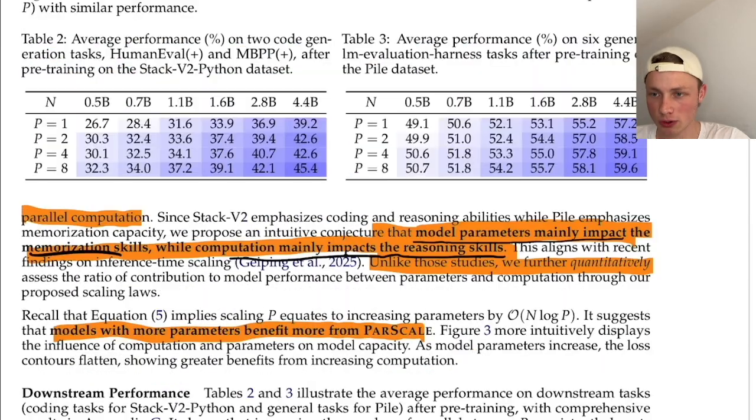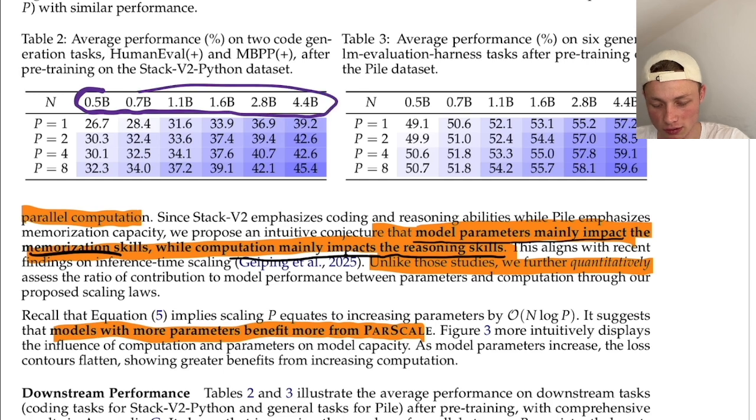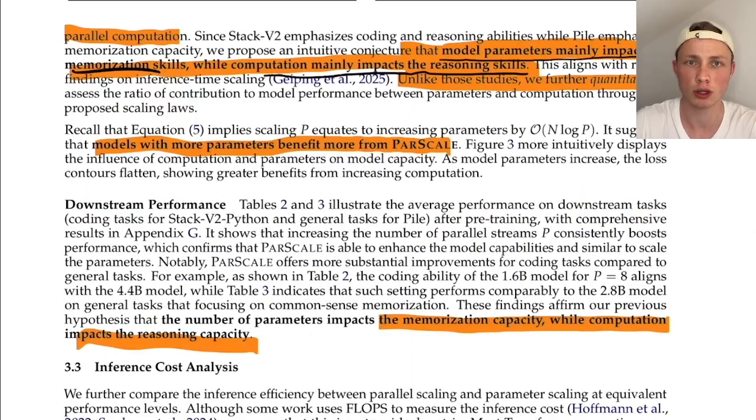Okay. And if we now look at table 2, we can see the different P's in regard to the different model sizes, and what we can see is that on the downstream task the model gets a better performance if we choose a higher P for all the different model sizes. So yeah, we can see that the scaling laws can work there. So I would say pretty interesting results here.